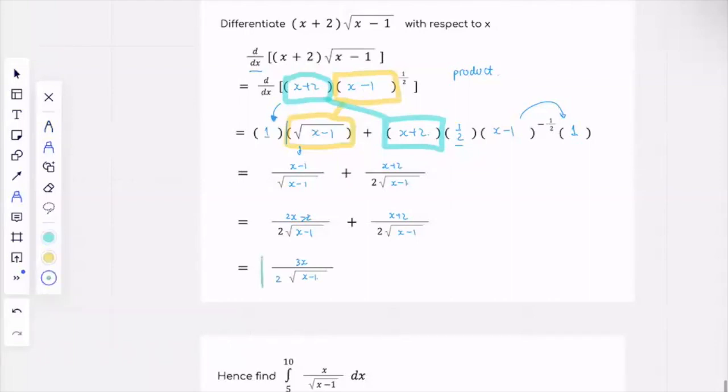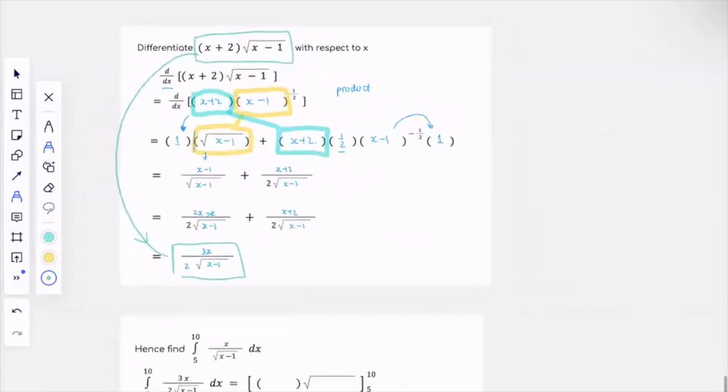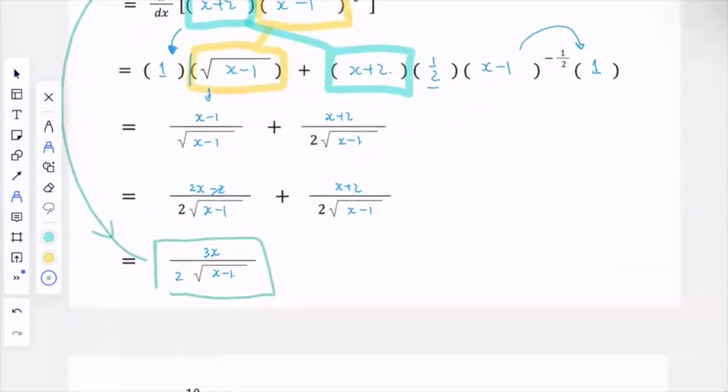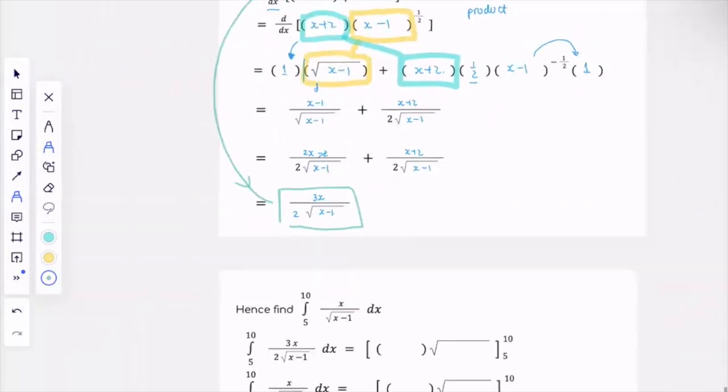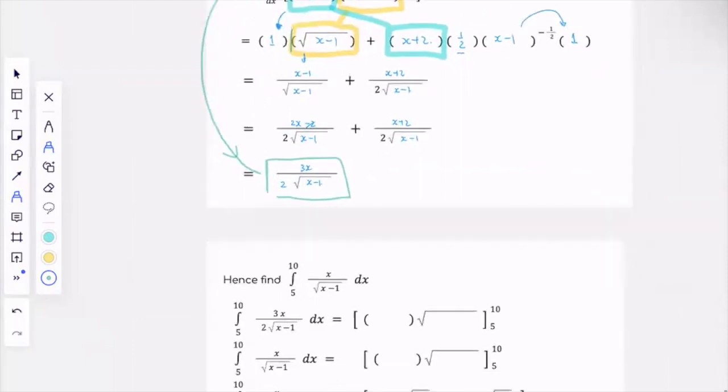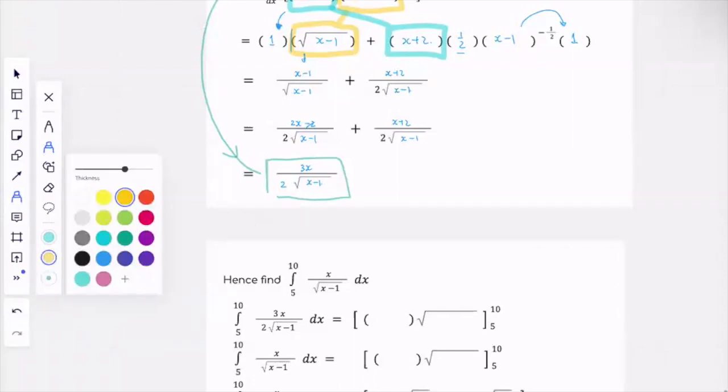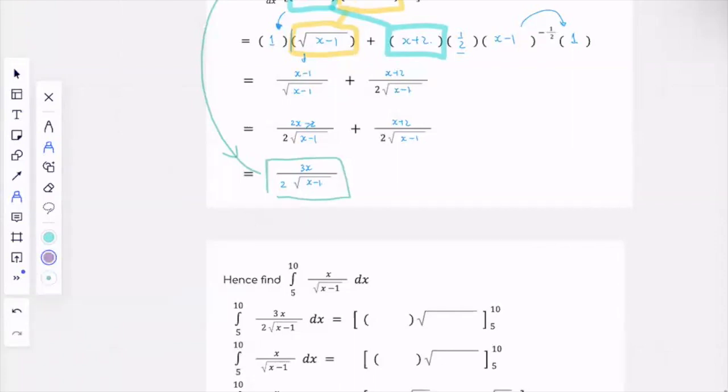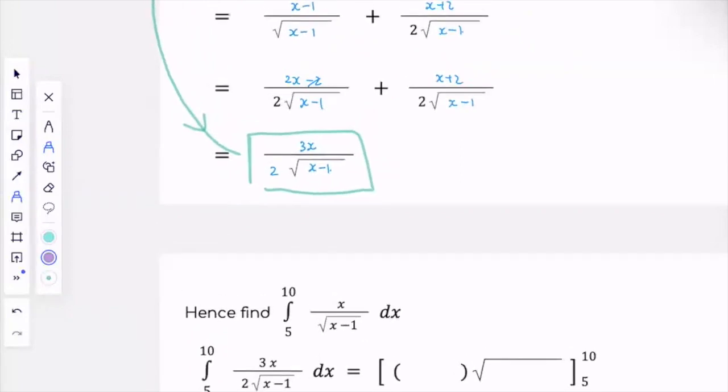The differentiation of x plus 2 root x minus 1 is this: 3x over 2 root x minus 1. That's the first part. The second part is related to that.